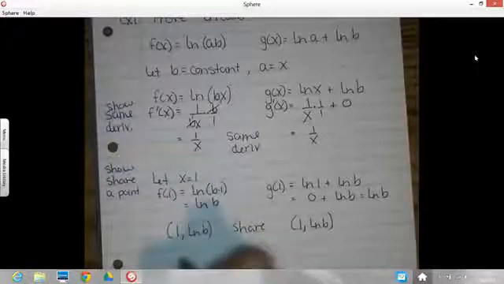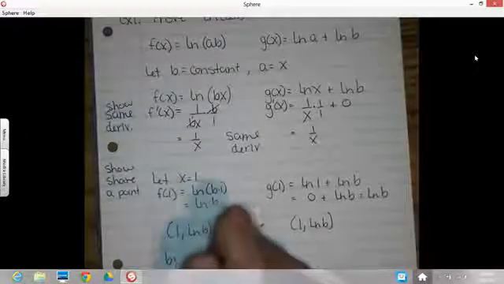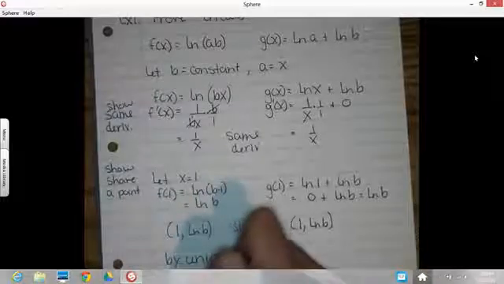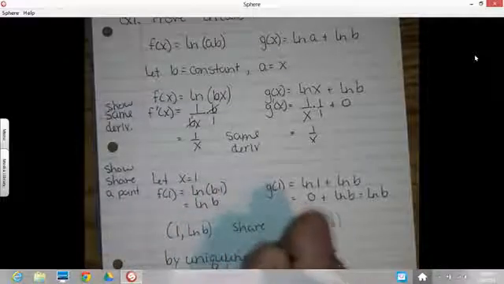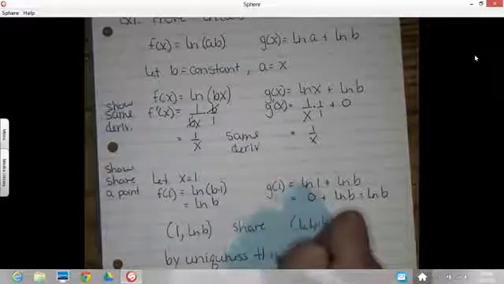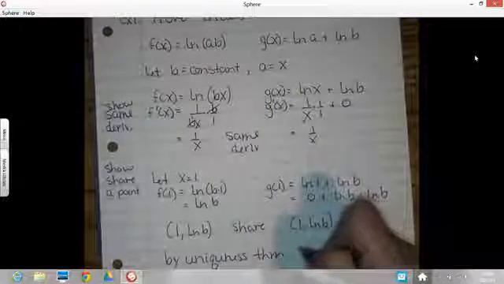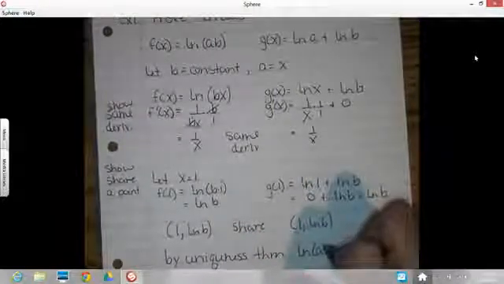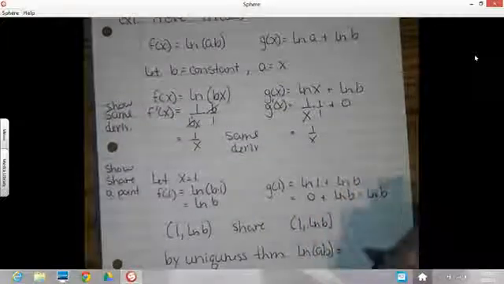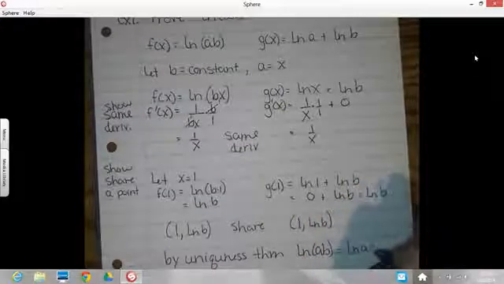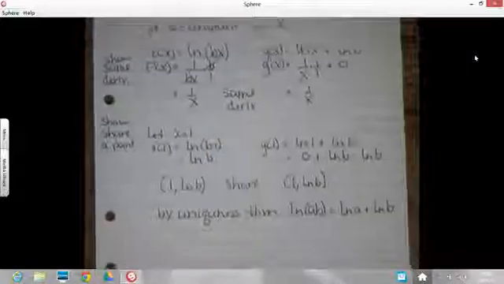So by uniqueness theorem, the natural log of a times b is the same function as the natural log of a plus the natural log of b. Okay, 1 down, 2 to go.